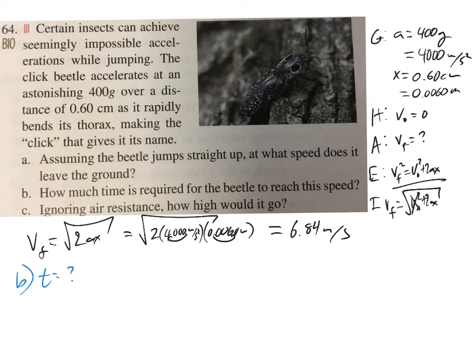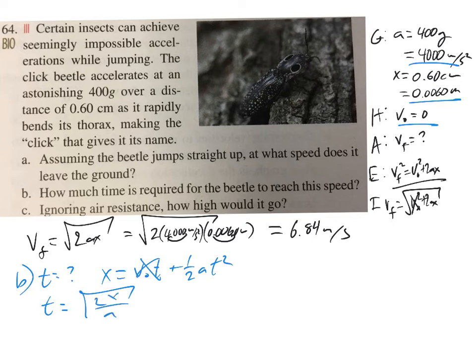All right, so using the things then, if I say this is the acceleration, if I say this is the distance, and I want the time, knowing I have an initial velocity of 0, I'm going to say x equals v0t plus 1/2 at squared. This goes away, so t is the square root of 2x over a. So that becomes 2 times 0.0060 meters over 4,000 meters per second squared.